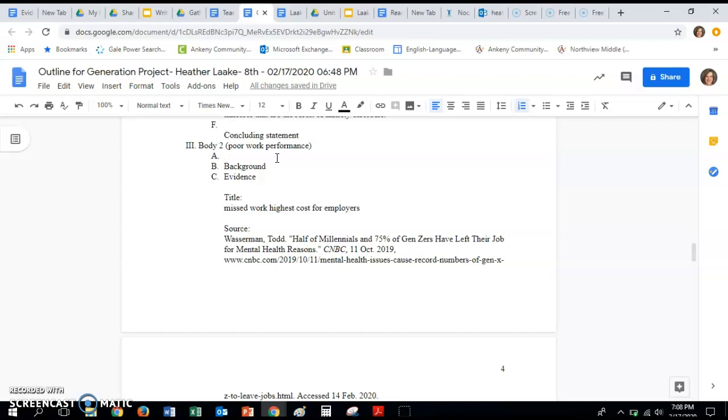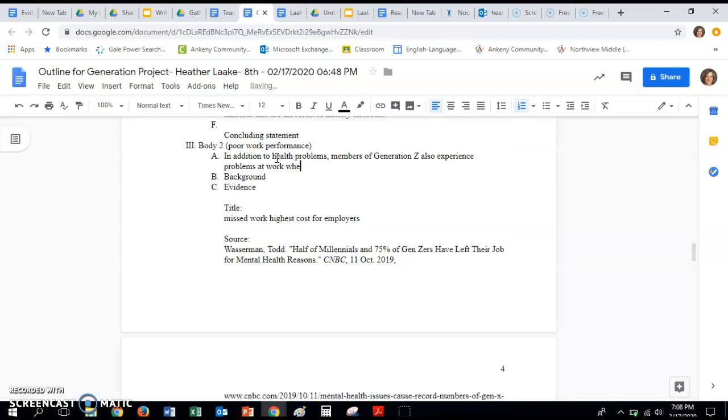Maybe I'll add a transition: in addition to health problems, members of Generation Z also experience problems at work when they are not able to manage their mental health issues.